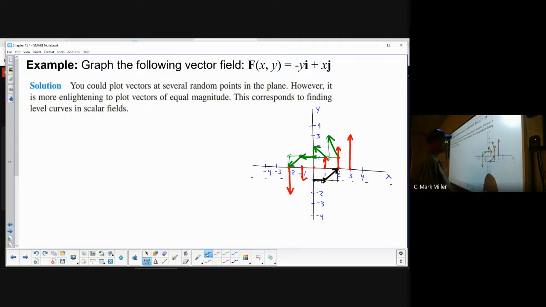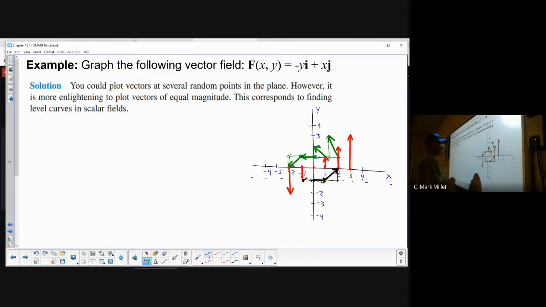All right. Let's go over here to this point, -1, -1. This can be slow and tedious. Y is -1, so it's going to be minus a -1 in the x direction. That's a 1 that way.